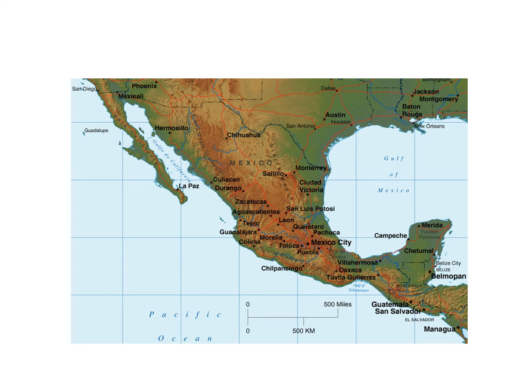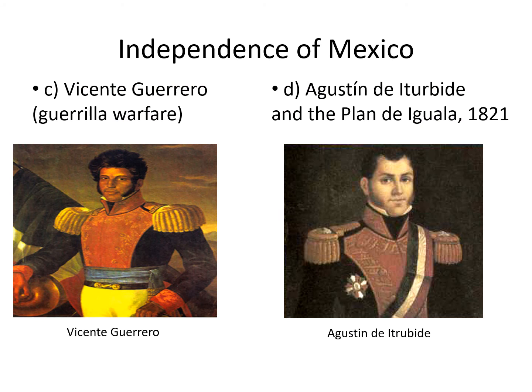And the movement now fell into the hands of a man named Vicente Guerrero, who was a mulatto. He was of African descent. And interestingly, after Mexican independence in 1828, he would be elected to be president of Mexico.